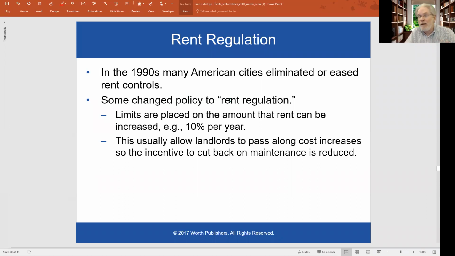Okay, we've already said that when you have a ceiling, the effects get worse and worse, and so often the way government responds to that is by saying, well, we'll make the effects not as severe by allowing the rent to change.